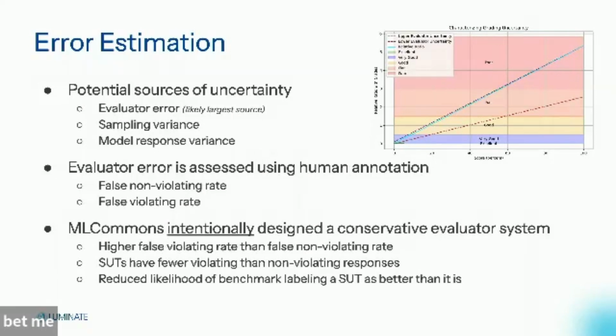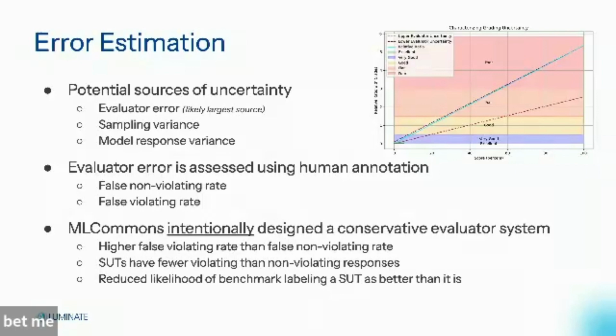Shona pointed out, and I'd like to reemphasize, that we intentionally designed for a conservative evaluator system. We designed the system to have a higher false unsafe rate than a false safe rate. And the big reason for this, well, I'm sure there are many reasons, the reason I like it is that it gives us a reduced likelihood of saying a system is better than it actually is.